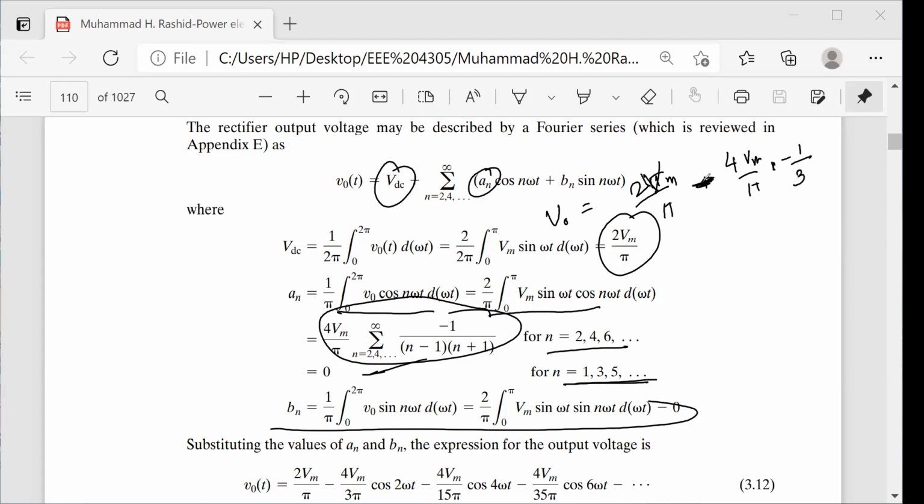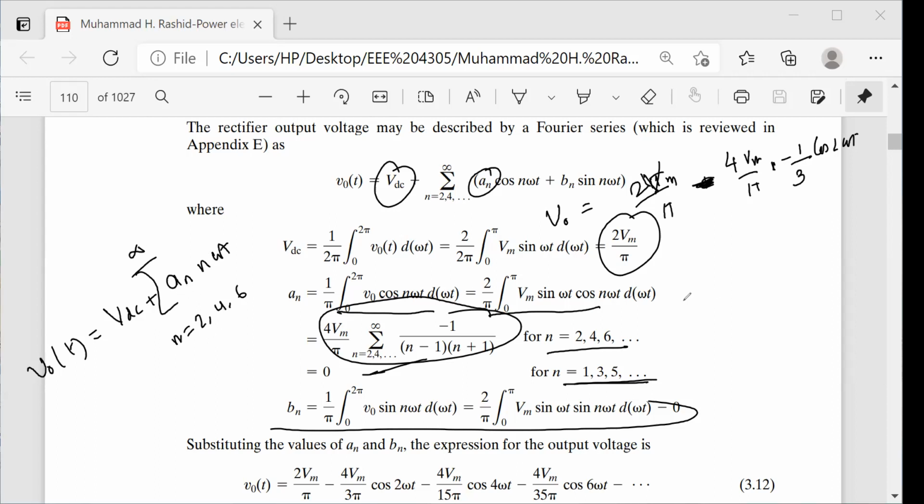That means there is a negative here. So 3 pi cosine of 2 omega t, n equal to 2. You understand what I say? We have to put V0(t) equal to VDC plus the sum of an cosine n omega t, n equal to 2, 4, 6 up to infinity.